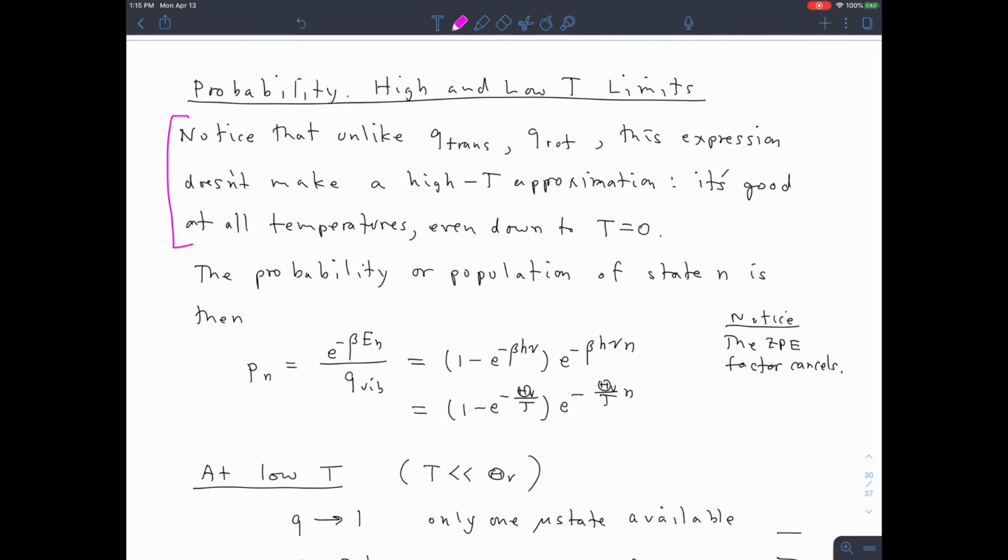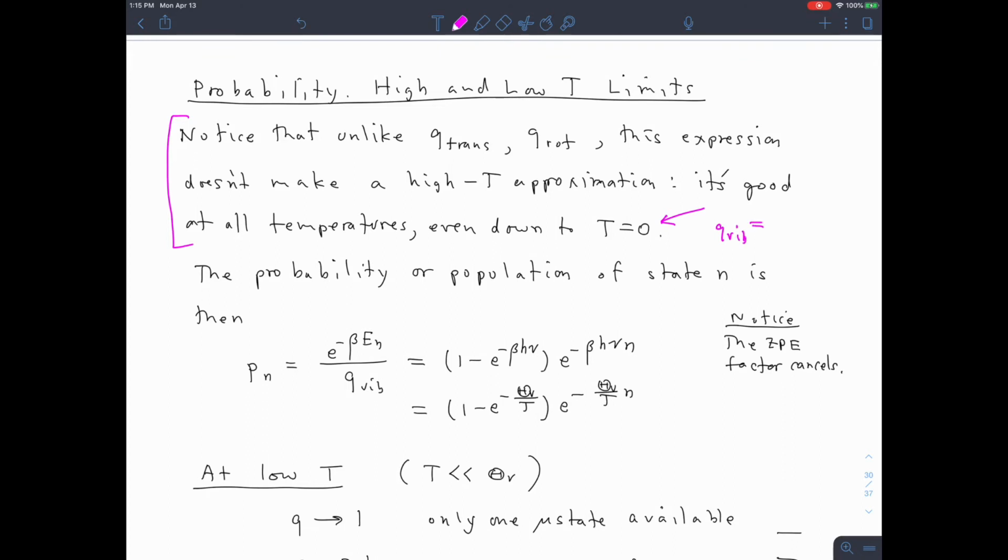Our expression for Q vibrational is actually semi-exact. It's as good at least as the harmonic oscillator model itself is, which means it's good all the way down to T equals 0. We don't have to worry about going to too low of a temperature. Even at temperatures much, much less than the vibrational temperature, our expression for Q vibrational is still good.